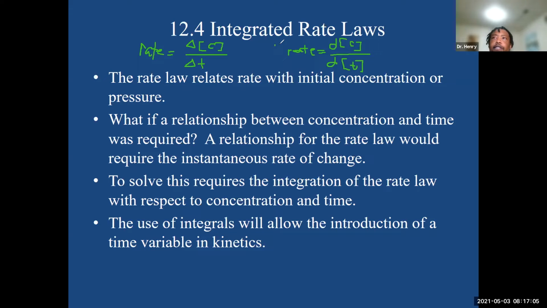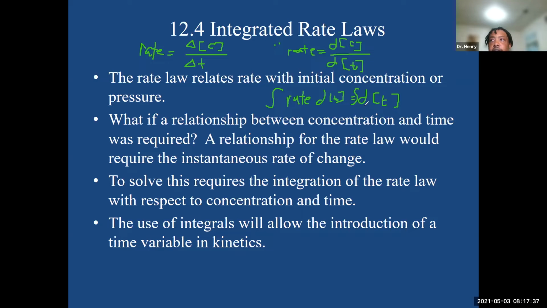You take the integral of both sides, and when you take the integral of this function, you're just going to get a constant times time.